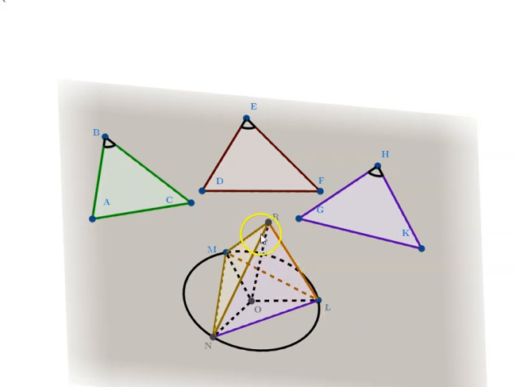So we have constructed a solid angle based on three plane angles, such that the sum of any two is greater than the remaining one, and the sum of the three angles is less than four right angles. So that is proposition number 23 of book 11 of Euclid's Elements.